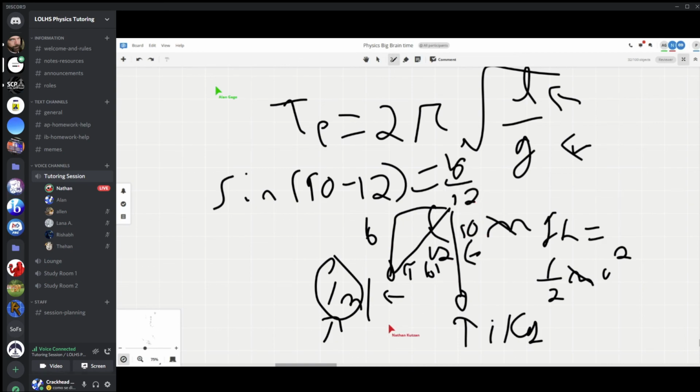Then this height over here is going to be the length of your string, so 10 minus whatever b ended up being. So the only difference, if they give you an angle as opposed to just the height to begin with, is you just have to find the height first, and then you continue solving it as we have been.